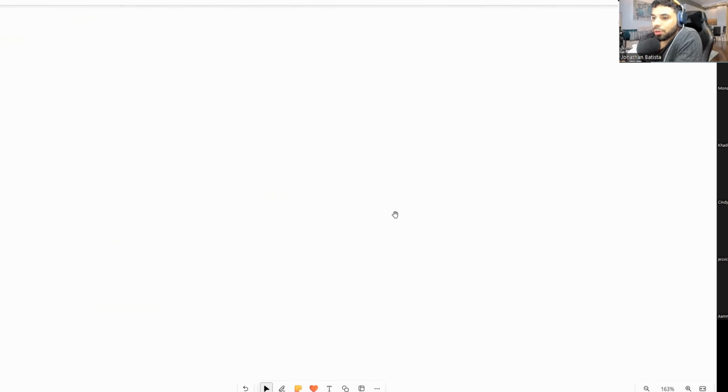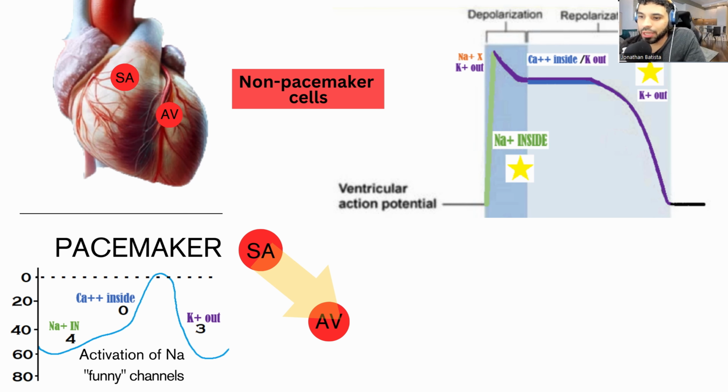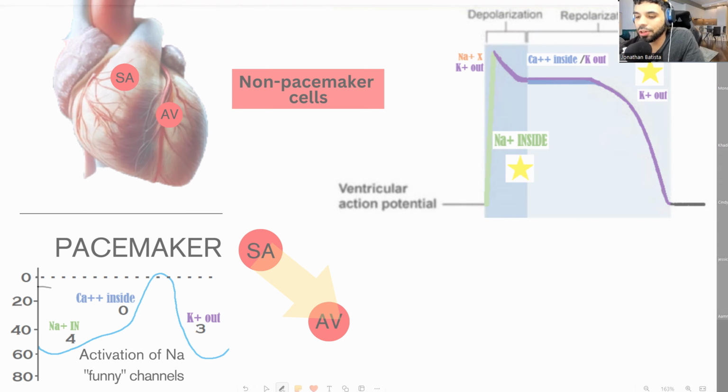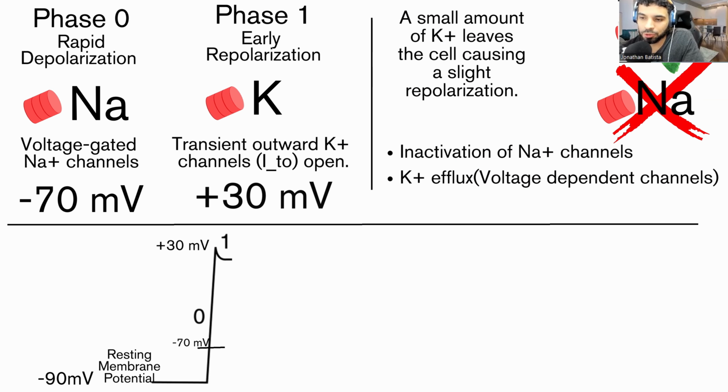Okay, perfect. So if we look at it like this, remember you have pacemaker cells and non-pacemaker cells. Remember you have those two different types of cells. For the non-pacemaker cells, they do have these phases that they have to go through. You have phase 0, where you have voltage-gated sodium channels. You have your phase 1, where these voltage-gated sodium channels close, and then these potassium channels briefly open.